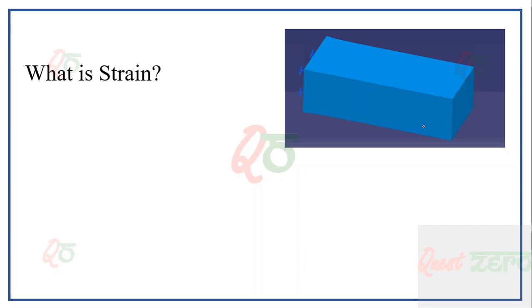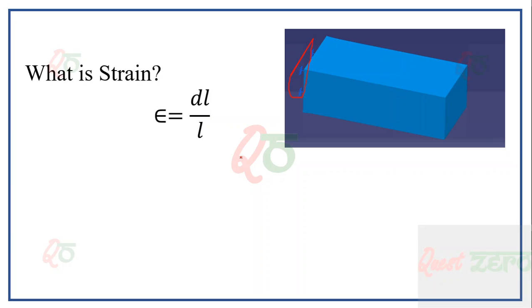That is what we call strain. If you observe the simulation on the right, the yellow arrows denote the forces being applied on the face, and because of those forces, this bar, being fixed at one end, is getting stretched on the other side.